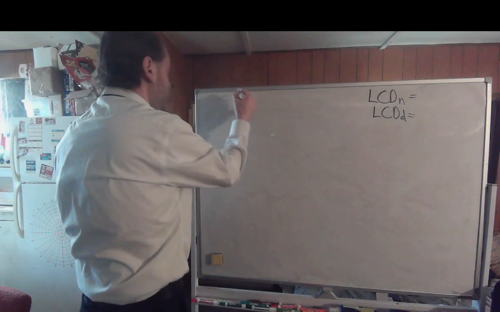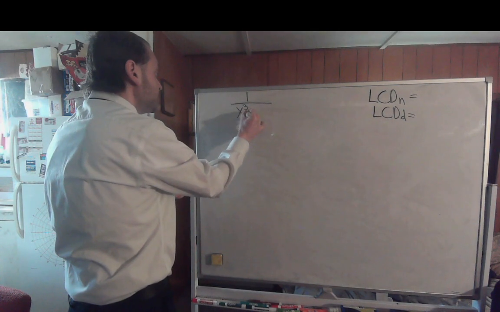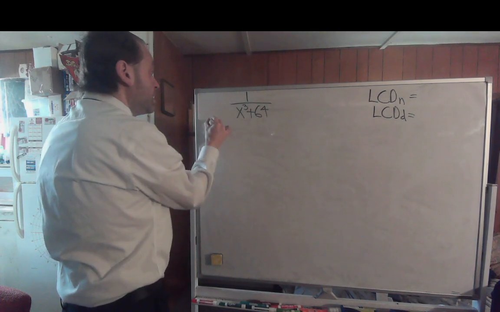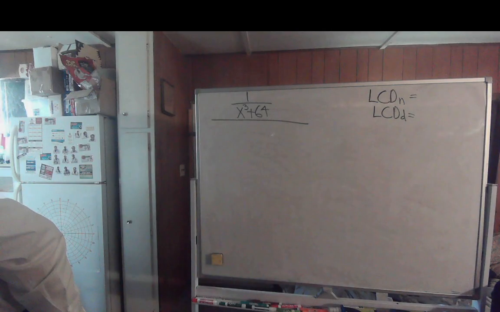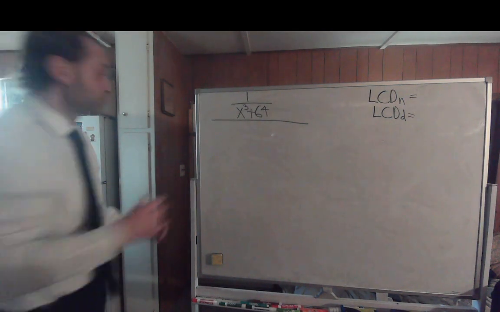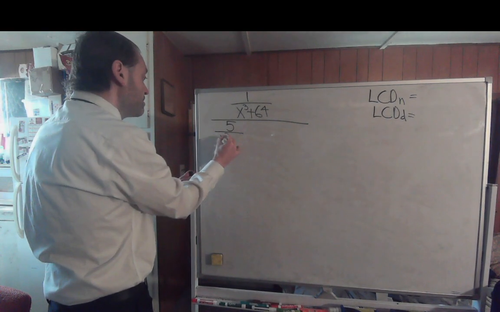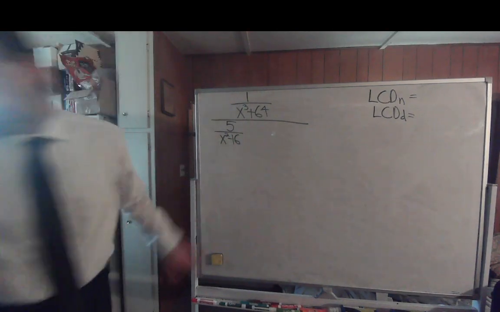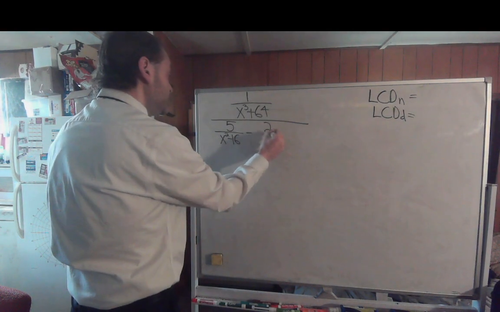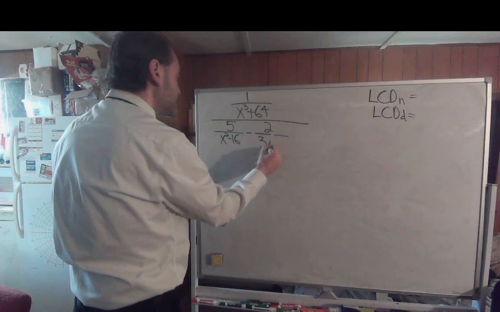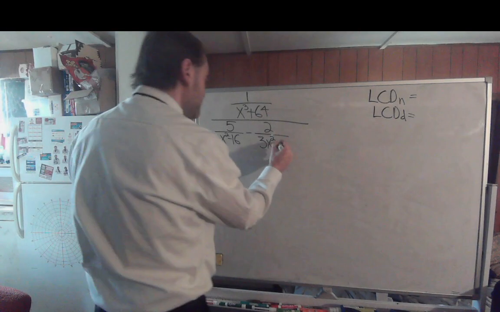Good one. So we have 1 all over x cubed plus 64 all over 5 over x squared minus 16 minus 2 over 3x squared plus 12x.